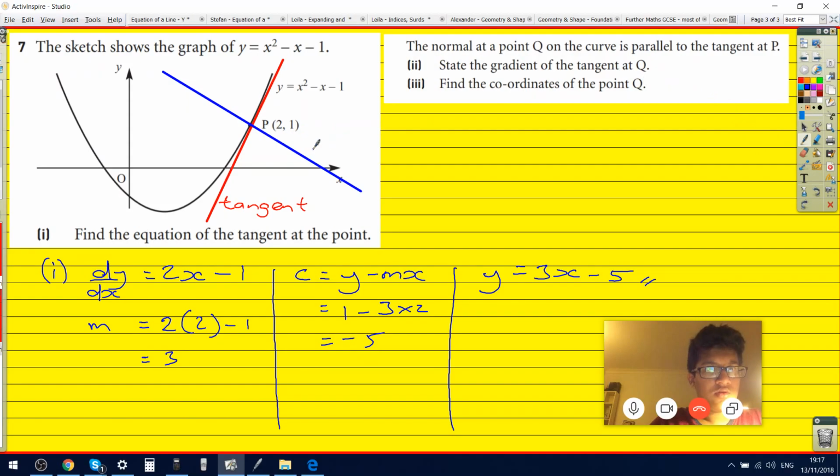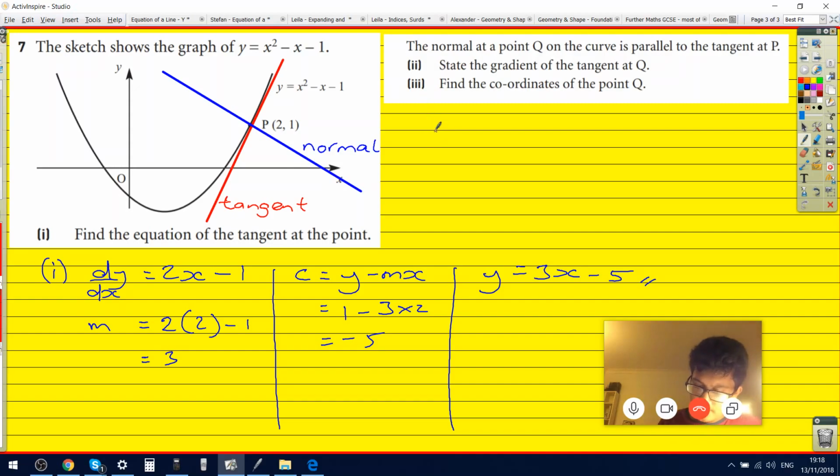Okay, so this is the normal. What would be the gradient of the normal? That would be the negative reciprocal. So the tangent is this. Normal is y equals minus a third x minus 5.